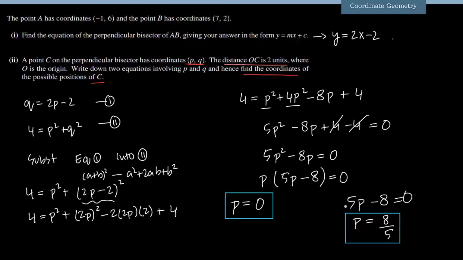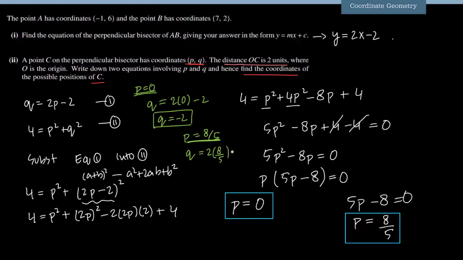Now let's find the corresponding values of q. I'll substitute this value of p in equation 1 because it's simpler, and when p is equal to 0, q would be equal to 2 times 0 minus 2, that would give me q as minus 2. And when p is equal to 8 upon 5, I'll get q is equal to 2 times 8 upon 5 minus 2, and that gives me q as 6 upon 5.